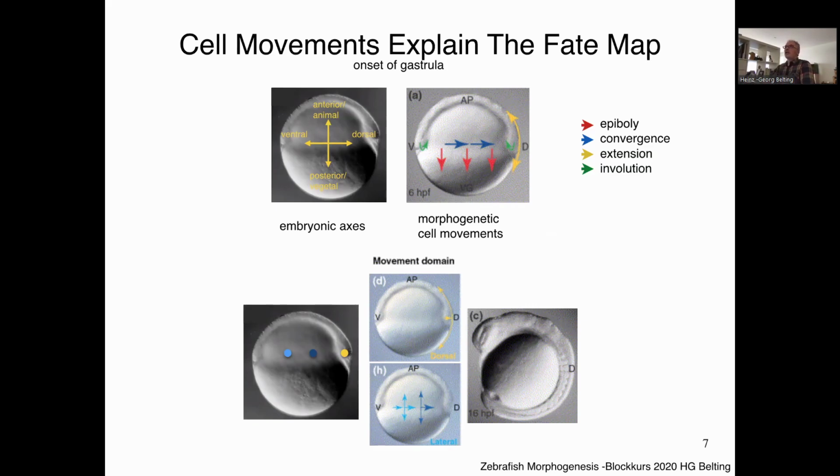So this way now we can explain the body axis by cell movements. We have the anterior and posterior axis, the ventral dorsal axis, and we have cell movements of cells from this side to that side and along the body axis here, and they got different names.